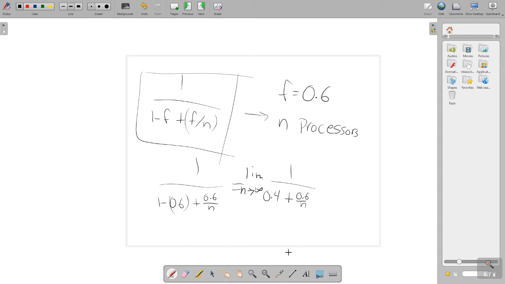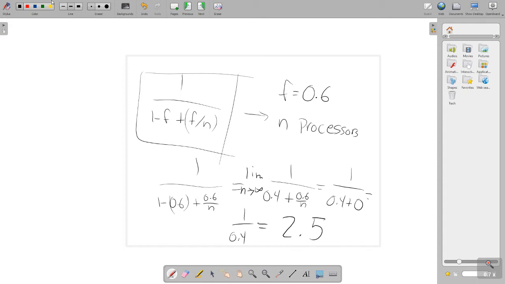What is this going to turn into? 0. Right. So this will be 1 over 0.4 plus 0, which is 1 divided by 0.4. And this is 2/5, so that would be 5 over 2, which is 2.5.